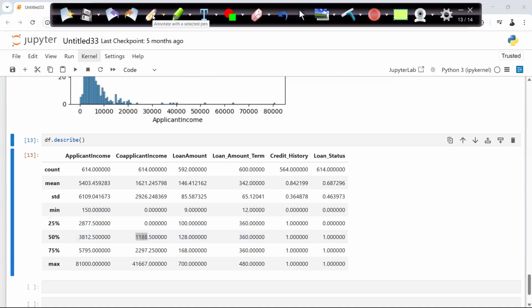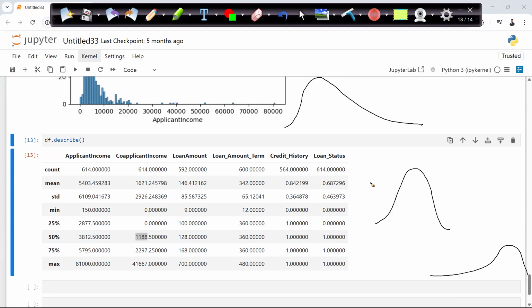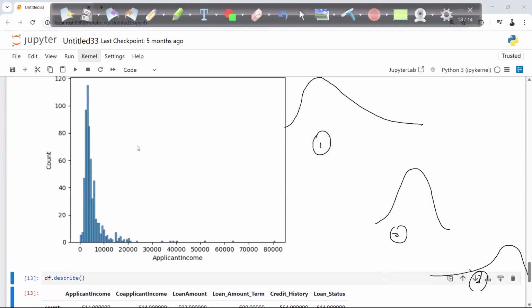Will the chart be something like this, or something like this, or something like this? Option number one, option number two, option number three. What do you think? Perfect. Option number one, right? So let's go and check it out.